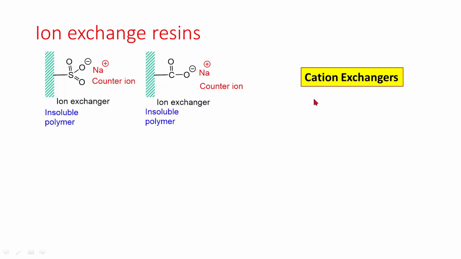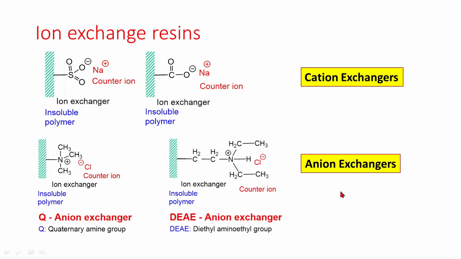These are the examples of cation exchange resins: sulfonic group or carboxylic group. Here, insoluble polymer ion exchanger and the counter ions. These are the examples of anion exchangers. Here, the quaternary amine group is present, and in this diethyl aminoethyl group is present.